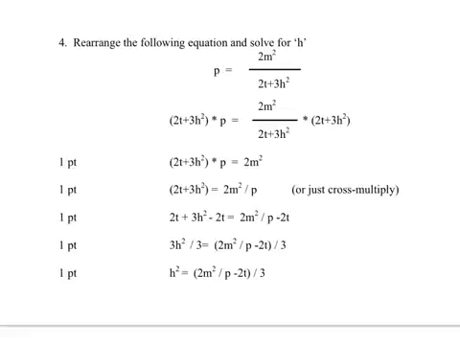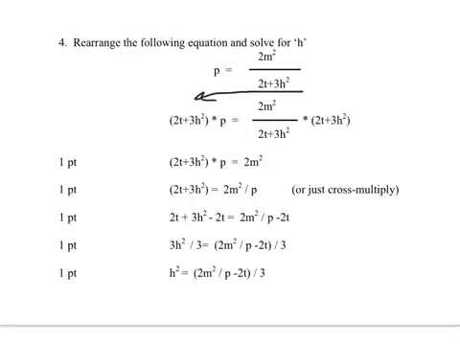So more points on this one since it was more complex. Again, we brought that 2t plus 3h squared, multiplied, over on the left-hand side. So I didn't do the reciprocals in this case. This answer key has it as more of a cross-multiplication type problem.